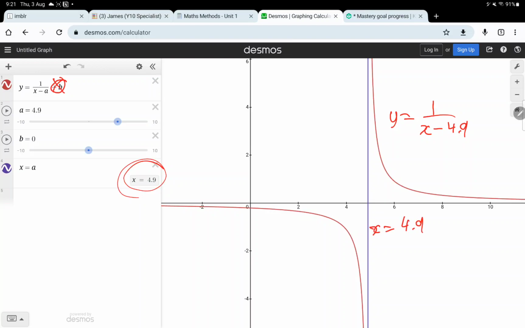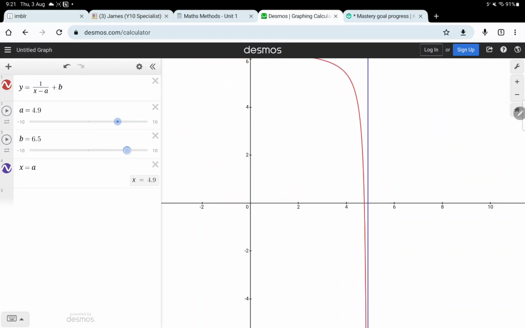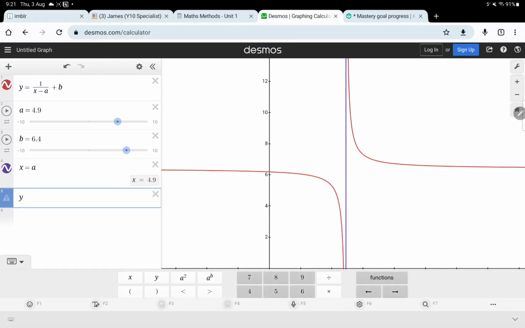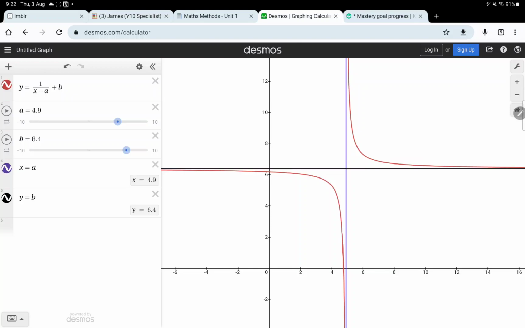Okay, and then if we want to shift it up, we'll need to change up the b value. So let's say this is plus b, so we'll shift it up by around 6 units here. And then the new horizontal asymptote will be y equals b, which is y equals 6.4. So now the equation is y equals 1 over x minus 4.9 and then plus 6.4.